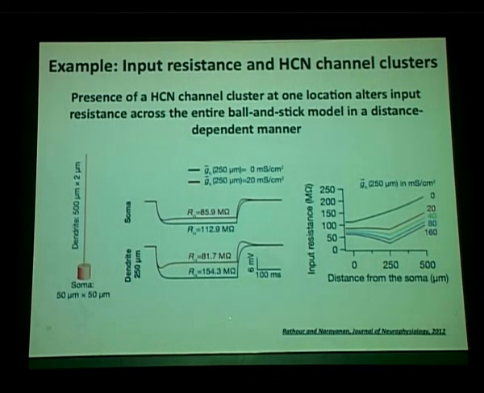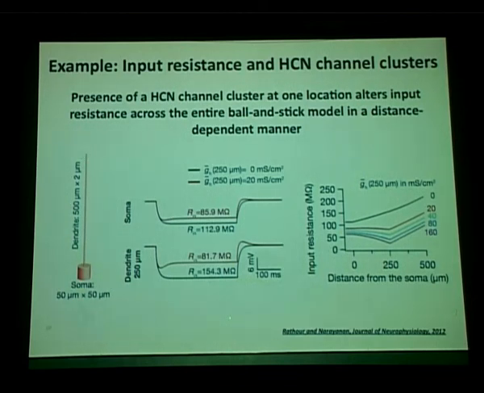So we came up with a simple process where we wanted to ask what happens if there is a single cluster of ion channels present in this structure, which is a simple ball and stick Rall model. So you place a single cluster of voltage gated ion channels over here, and the rest of the entire structure is passive.